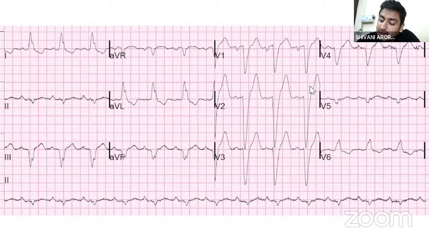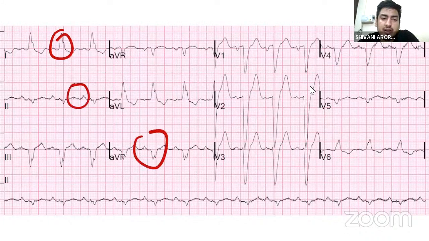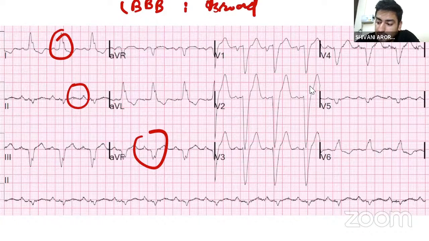One thing that I have missed is that in left bundle branch block or in right bundle branch block, since the depolarization is occurring through ventricular muscle, there would be a broad QRS. We have discussed in our first lesson that there would be a broad QRS in case of bundle branch blocks. The QRS duration would be more than 0.12 seconds. This is the most important criterion for bundle branch blocks.